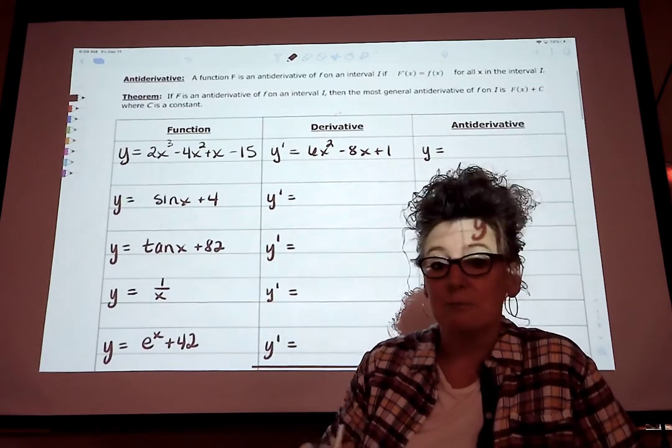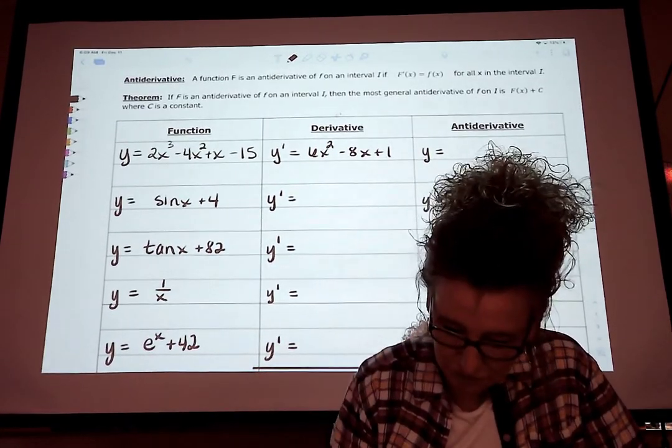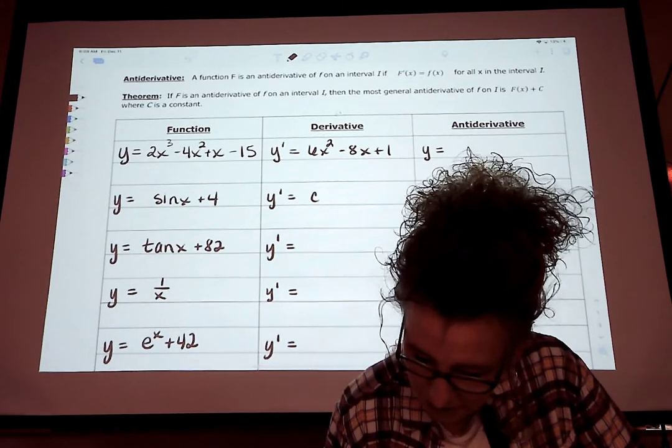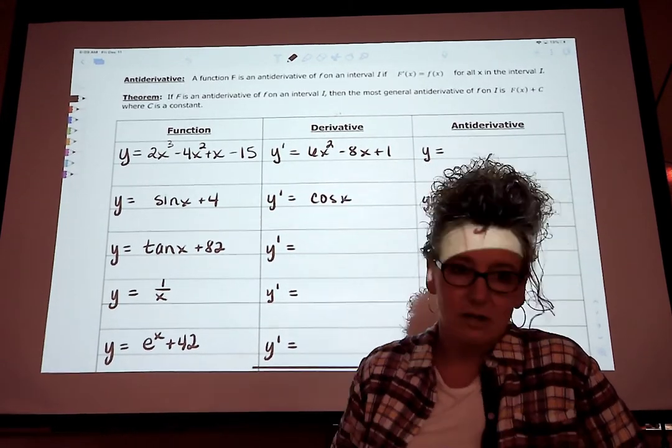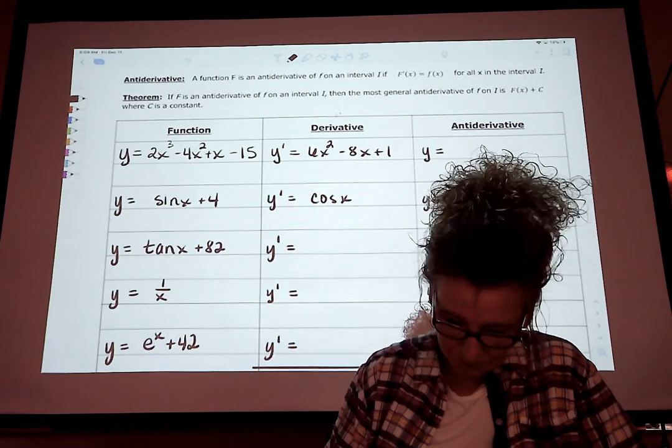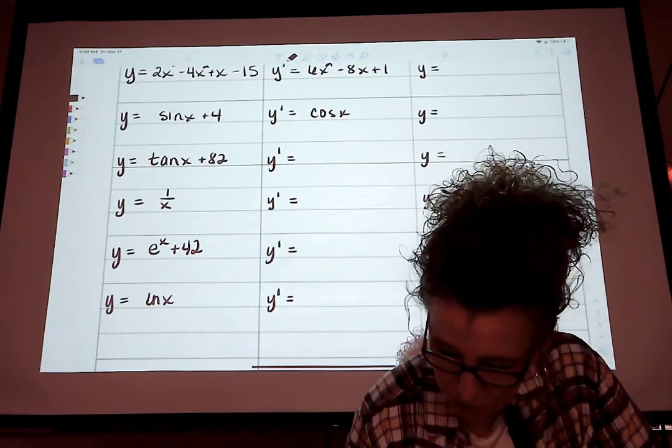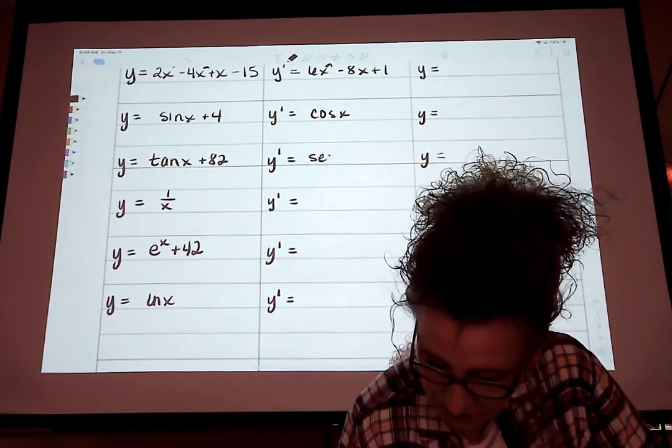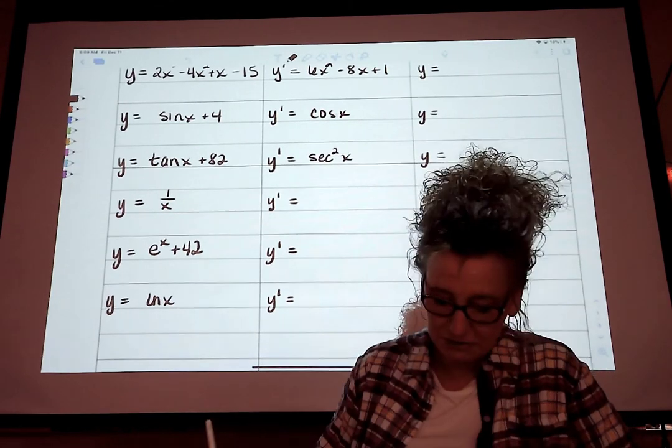The next one is a simple trig derivative. The derivative of sine of x is simply cosine of x, and the derivative of a constant is 0. Tangent, another simple derivative: the derivative is secant squared x, plus the derivative of a constant is 0.